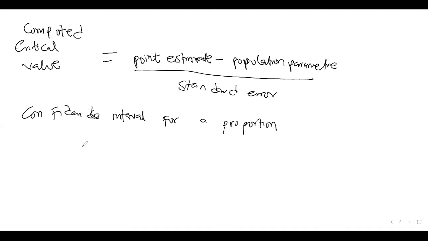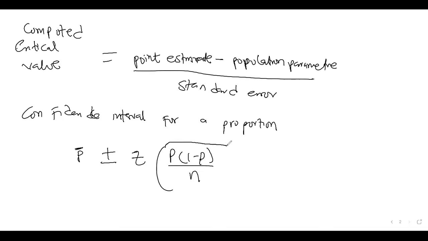For a proportion, the point estimate is the sample proportion, plus or minus the critical value, which is the Z, times the standard error, which is the square root of the population proportion P times the bracket 1 minus P, all over n.